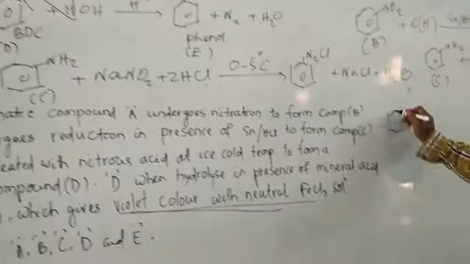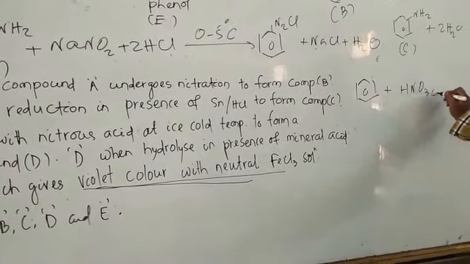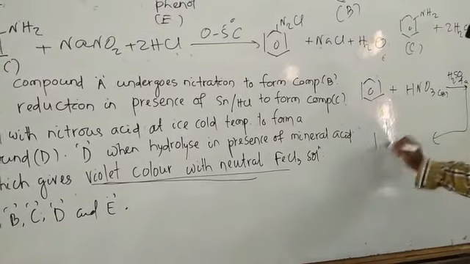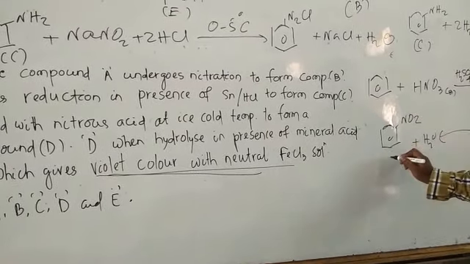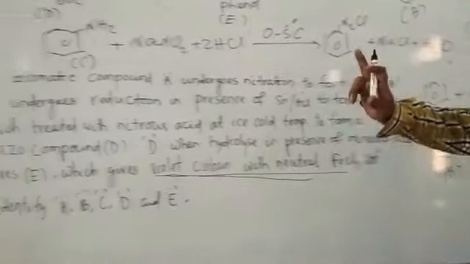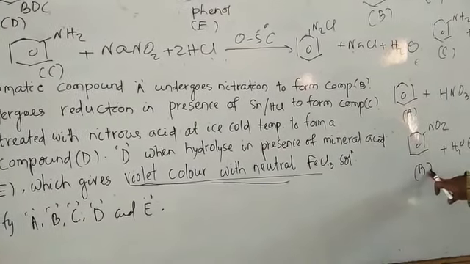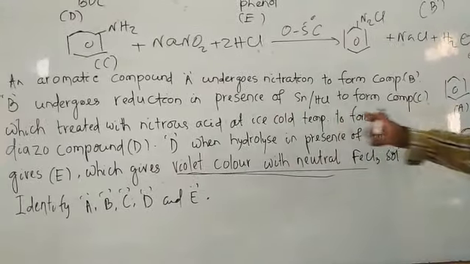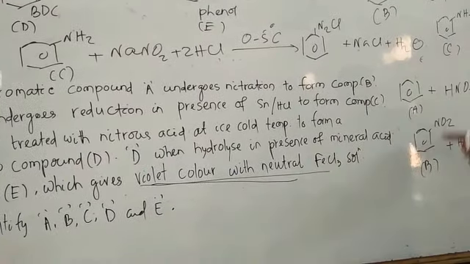Mark the equation, how it is possible. Benzene reacts with concentrated nitric acid in the presence of concentrated sulfuric acid to form nitrobenzene. So from this equation it is clear that aromatic compound A is benzene, which undergoes nitration to form B, nitrobenzene.